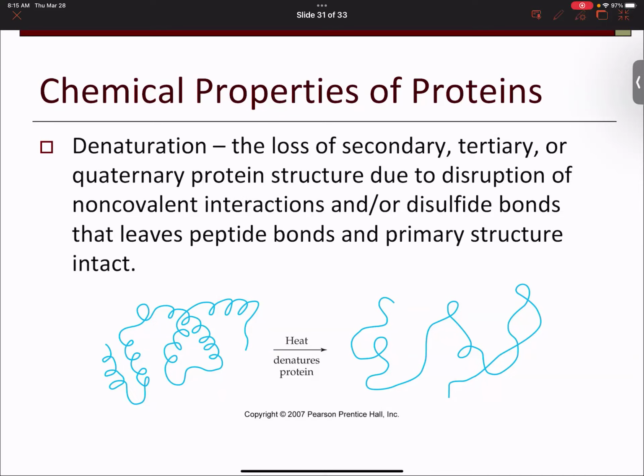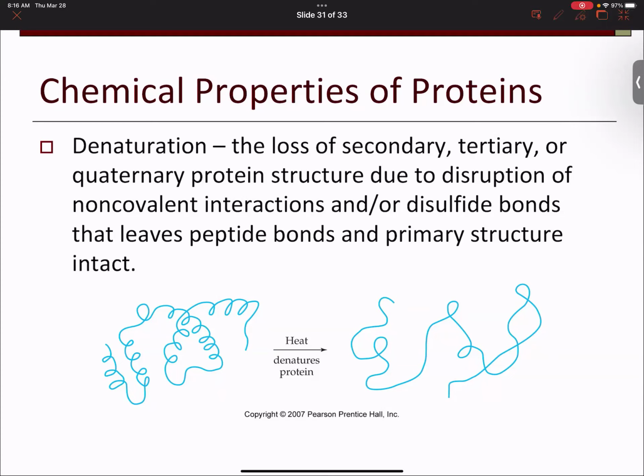It doesn't mean we're hydrolyzing. We're not breaking the bonds in this particular case. Instead, we're just interrupting the intermolecular forces that are going on with the side chains. So when we start talking about denaturation, we are talking about messing up the side chains. One way to do that is heat.